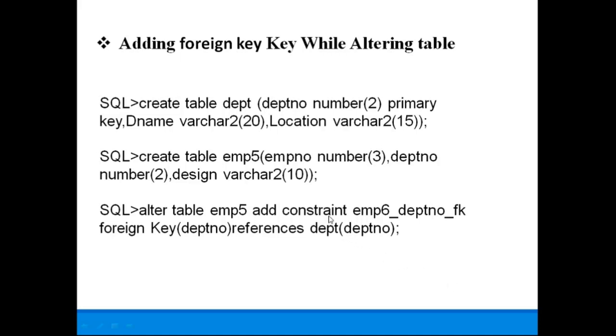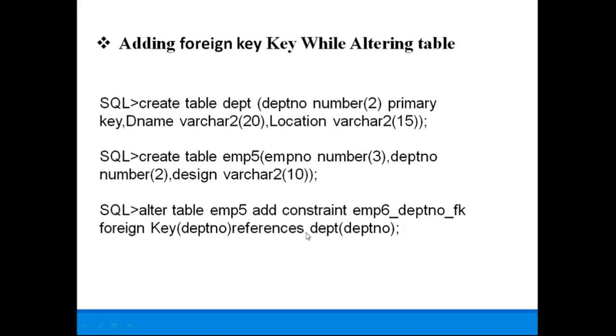Add constraint, then you have to write the constraint name. You can write any name for the foreign key constraint. So foreign key, then whichever column you want to specify as a foreign key, write down the name, department number, then references.